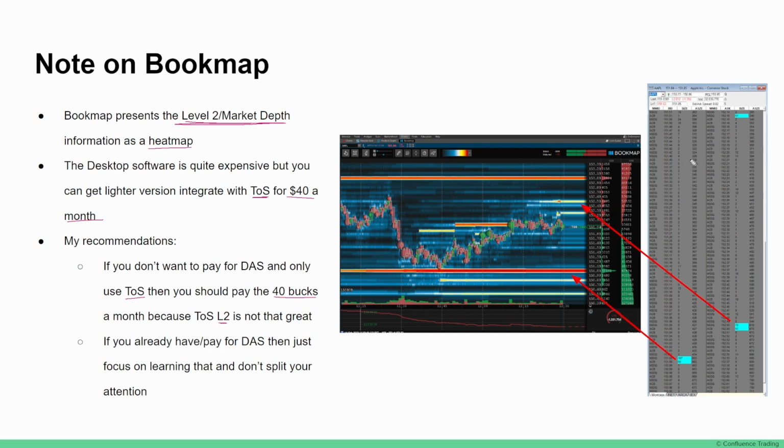So this is a snapshot of Apple at the exact same time as the snapshot on Bookmap, and you can see that I have large orders at $152.50, and I see that exact same thing here as a yellow heat bar. I also have very large bids stacked down at $151 on Apple, and you can see once again that that's displayed as a large red heat bar.